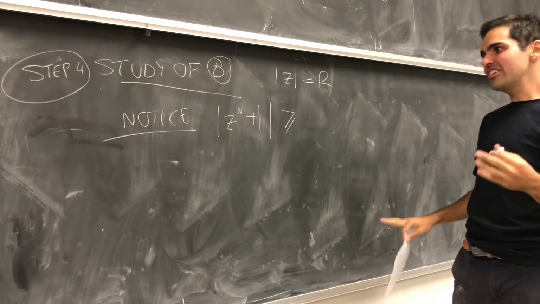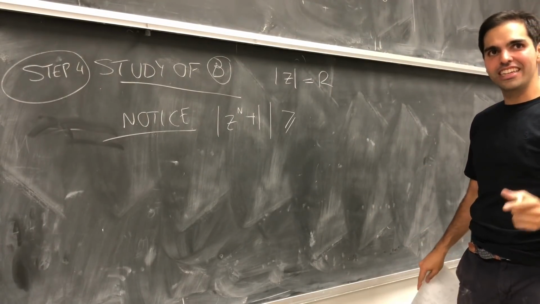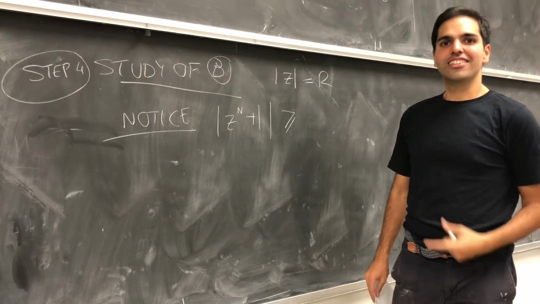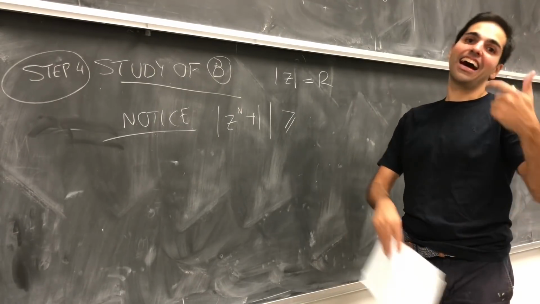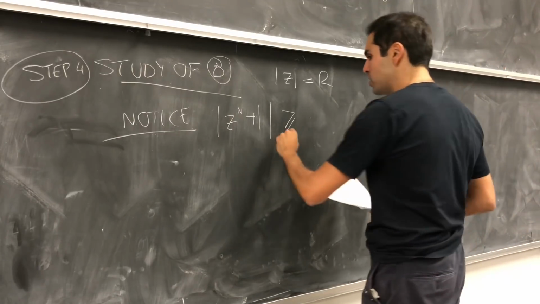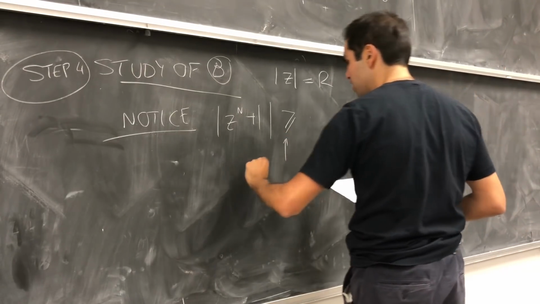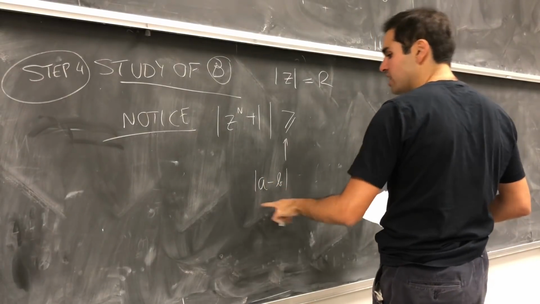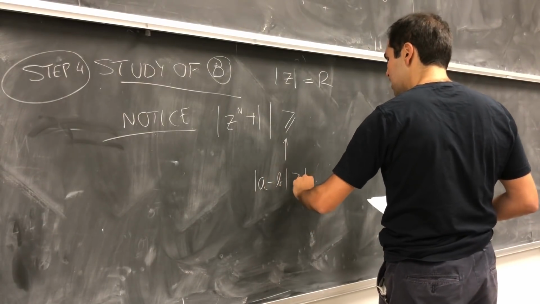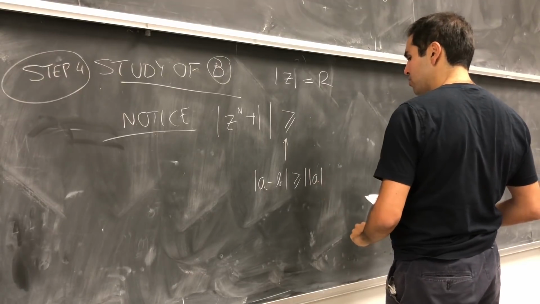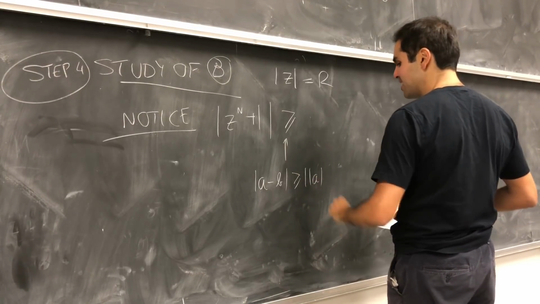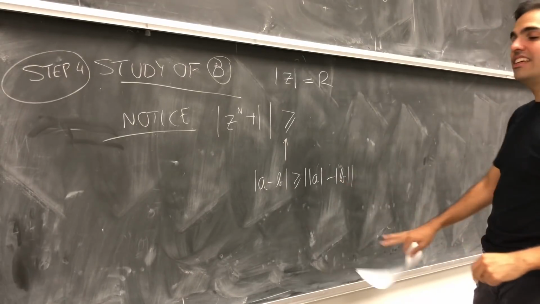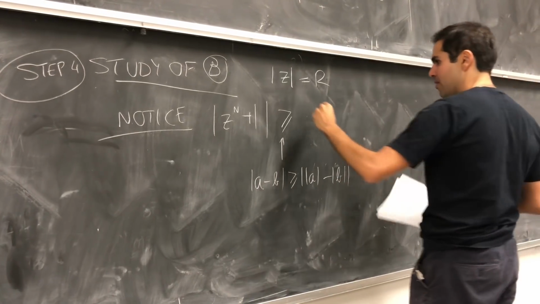And the problem is, usually you might think triangle inequality, but triangle inequality goes the wrong way. So here we want to use an anti-triangle inequality, which is called the reverse triangle inequality, which just says that the distance of a minus b is always greater than or equal to the distance between their absolute values. And this, interestingly, you prove using the triangle inequality.